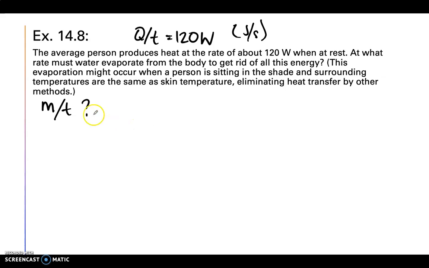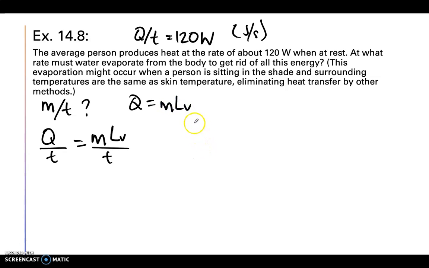So we know that Q over T is equal to M L_V over T, since Q for a phase change is M L_V for vaporization. So Q equals M L sub V.